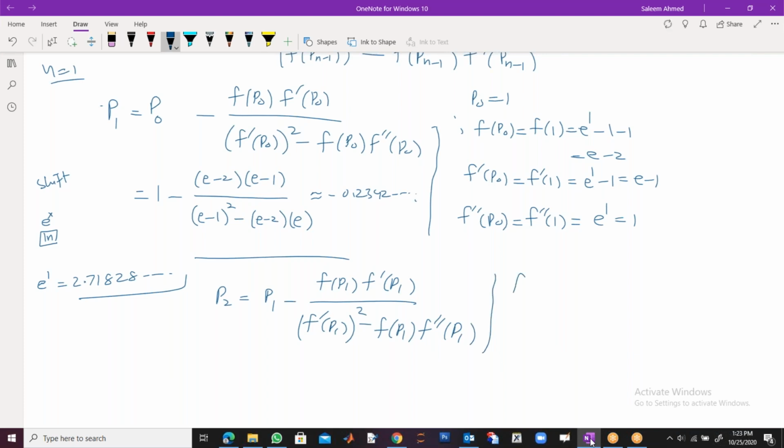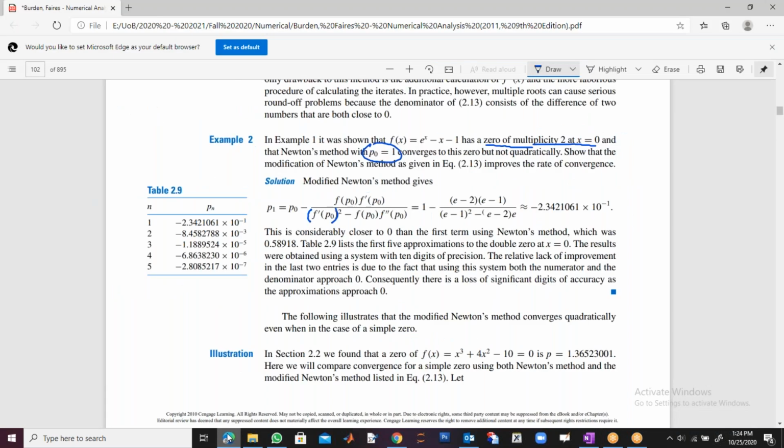Calculate all these three values: f of P1, f prime, and f double prime at this point. Put them here and get the solution, and this should be equal to your next point. Okay, this is P1 and this is P2.